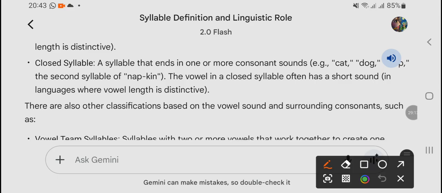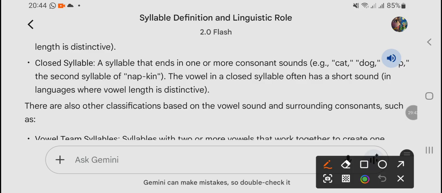When a word ends with a vowel, the length of the vowel in go, he, right, try, that vowel sound is a little bit lengthy. But in a closed syllable, the vowel comes in between, and that's why the length of the vowel sound becomes lesser, right?